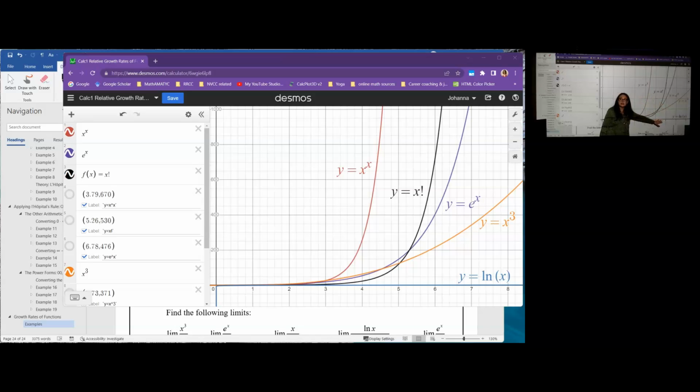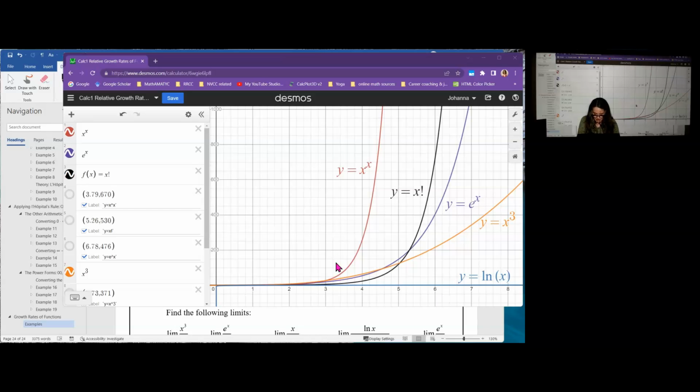And the last one that's graphed is natural log of x, which we know looks like this and does go up forever, but it looks horizontal because it grows so incredibly slowly. This is what we mean by an order of magnitude. At some point, tower functions outgrow all the others. And as x goes to infinity, that's what matters.